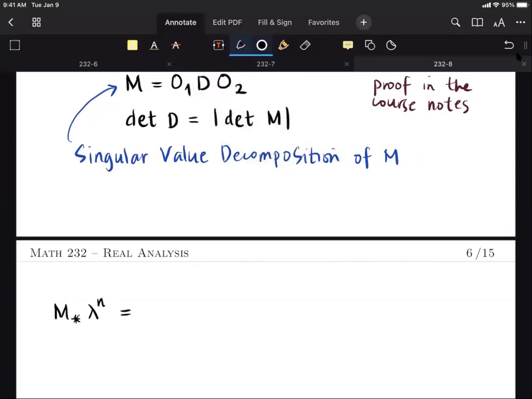M star lambda n is O1 D O2 according to the singular value decomposition, where this product of matrices can be written as a composition of 2, or let's say of 3, matrices.